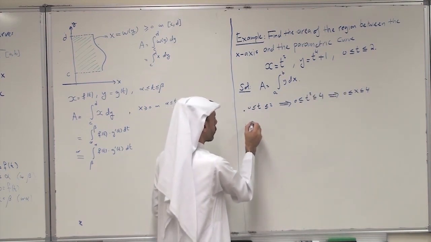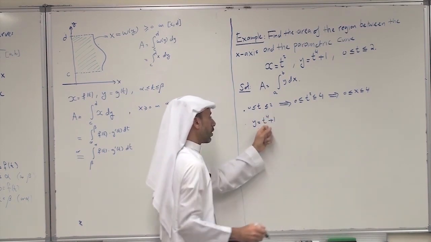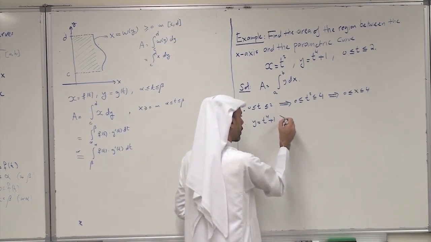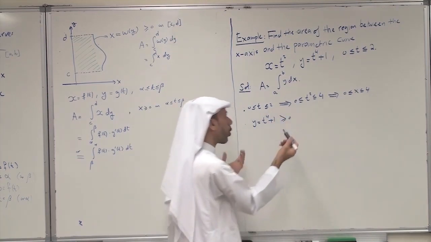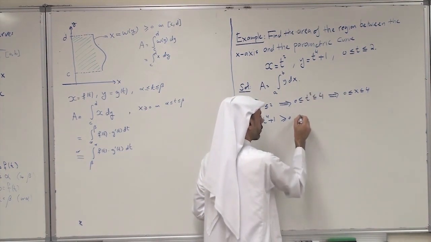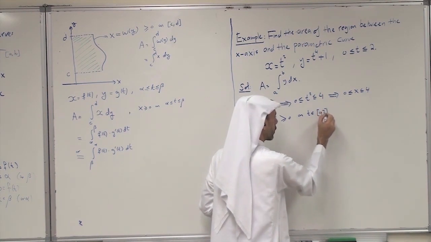It is very obvious that y equals t power 4 plus 1. T power 4 is always positive, plus 1 is always positive, so really we have y greater than or equal to 0 for all t, and especially for the interval of t between 0 and 2.